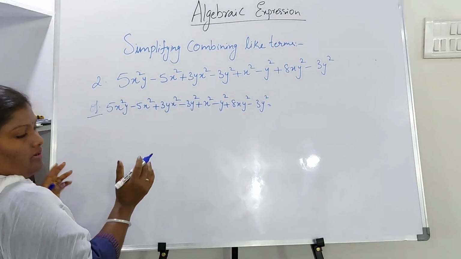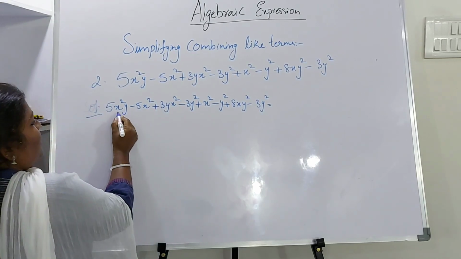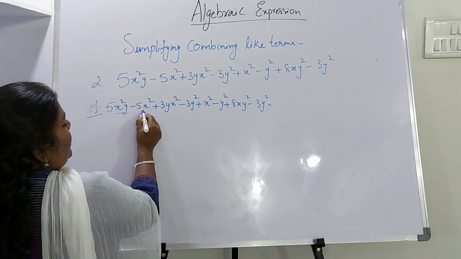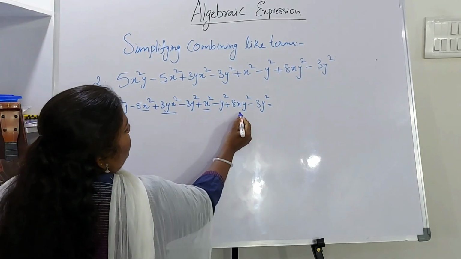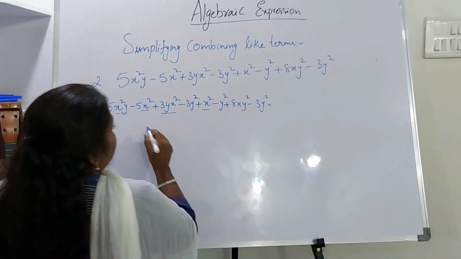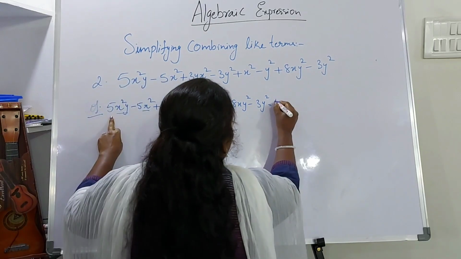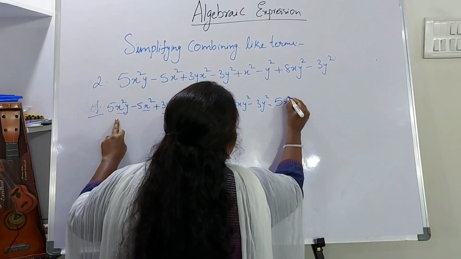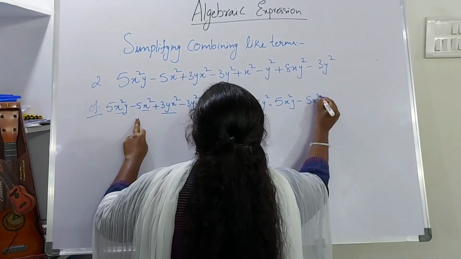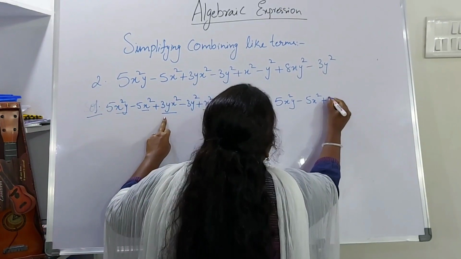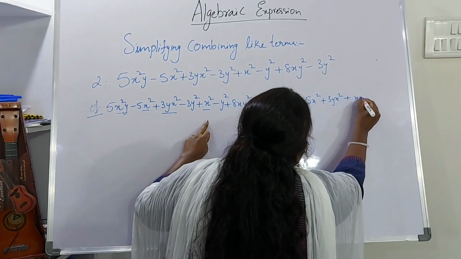Now what you have to do? Write the like terms in one place to make the simplification easy. Now you have x square y, here you have x square y, x square, that's all. So write these terms all together, that is 5x square y minus 5x square plus 3y x square plus x square.